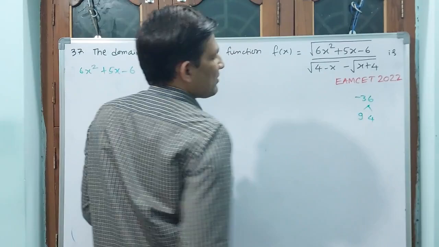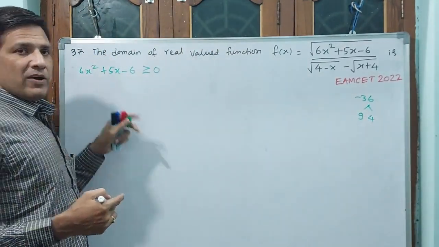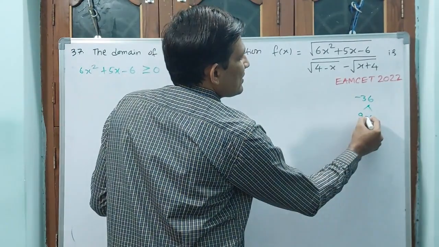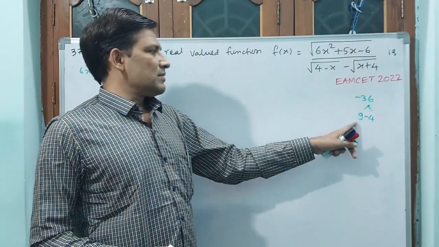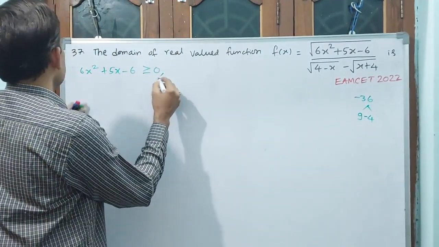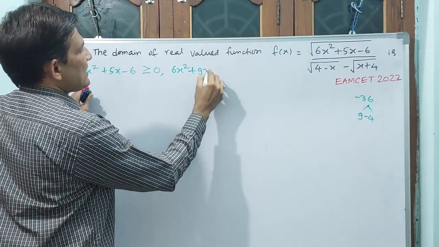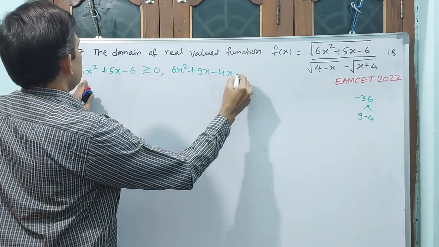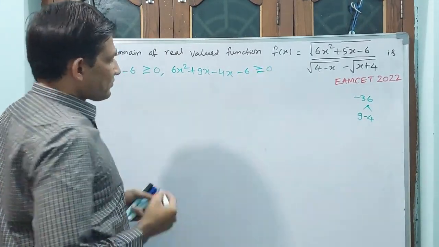I am going to multiply with 9 into 4, 36, but for plus 5 to come, I put a minus here. 9 into minus 4 is minus 36, and 9 minus 4 is plus 5. Proceeding further, 6x square plus 9x minus 4x minus 6 is greater than or equal to 0.